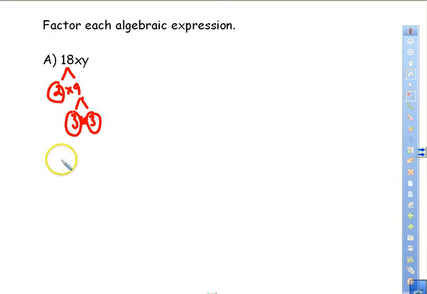So we end up with 2 times 3 times 3. But we can't forget about the variables. The x and y simply mean that there's one x and one y.